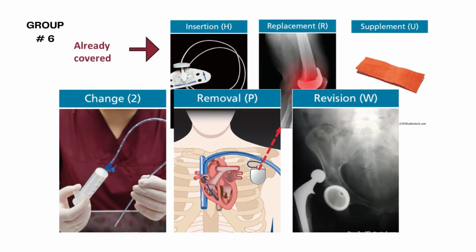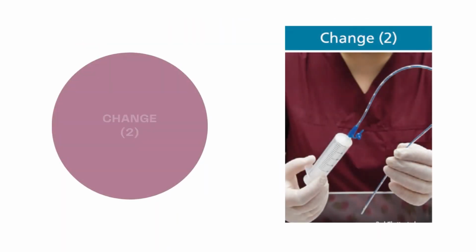There are 6 root operations in this group: insertion, replacement, supplement, change, removal, and revision. Today, we are looking at the root operation change, which carries a character value of 2.